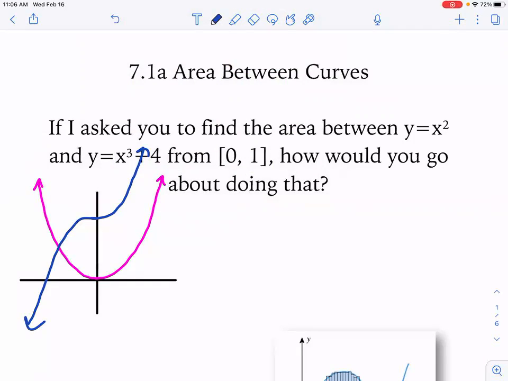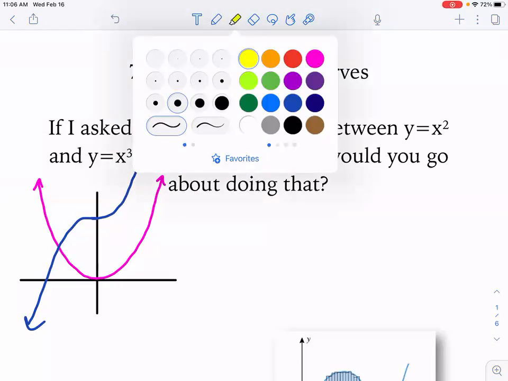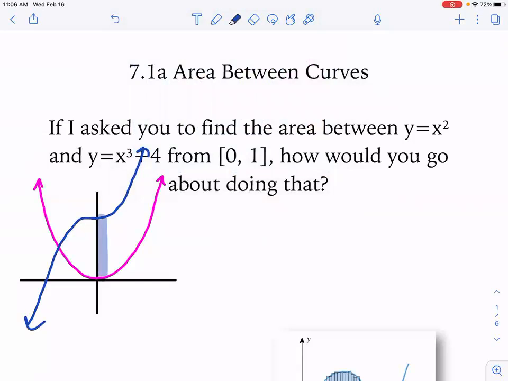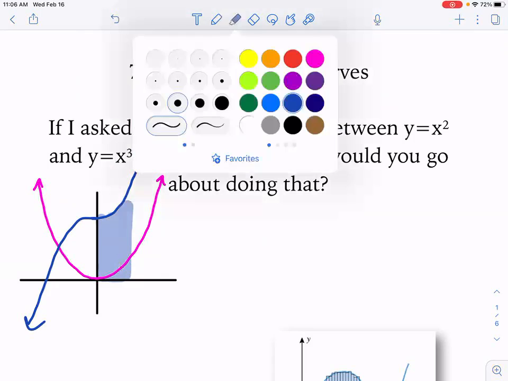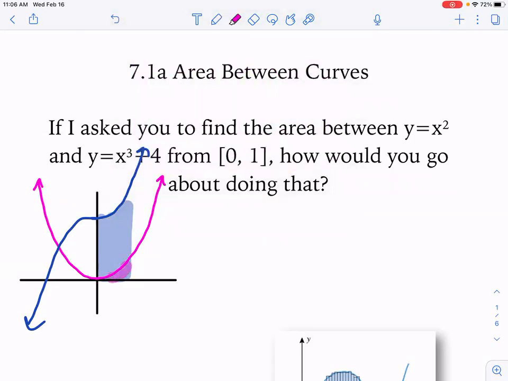So I want the area between them. The area underneath the blue would be this right here, and the area underneath the pink would be this right here. But the area between curves would be just this right here. Blue minus pink. Was Connor's idea a good one? Yeah, it was a good one.